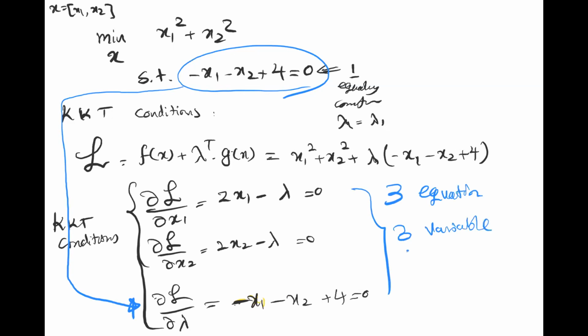What are our variables? x1, x2, and lambda. If we solve this set of linear equations, it should give us the optimal solution for the original optimization problem. So these 3 conditions are called the KKT conditions for our original problem. We also call them the KKT first order or necessary conditions for an equality constraint optimization problem.